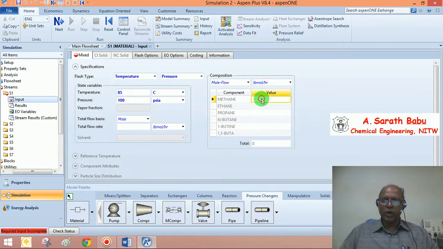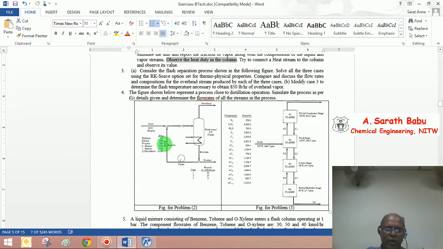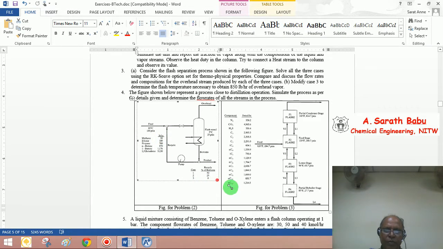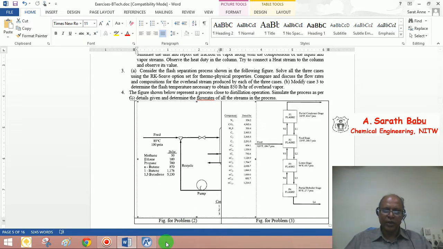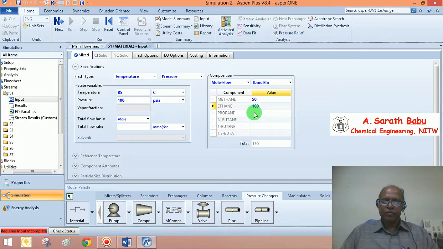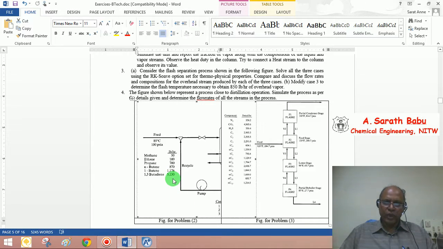The flow rate of each of the components is given: 50, 100, 200, 700, 870, 1176, and 1,3-butadiene is 5,130.